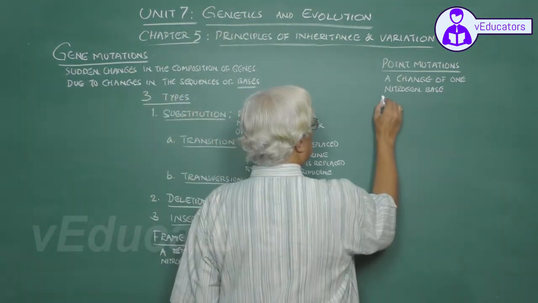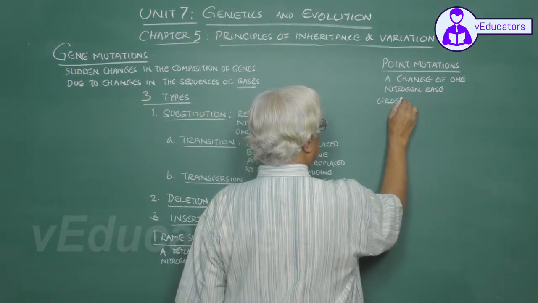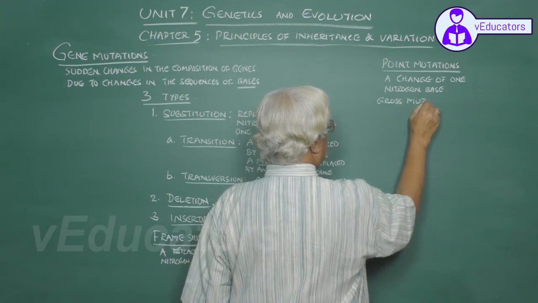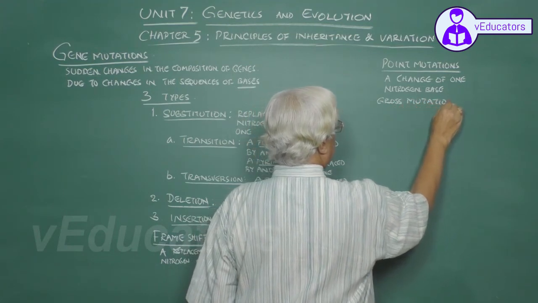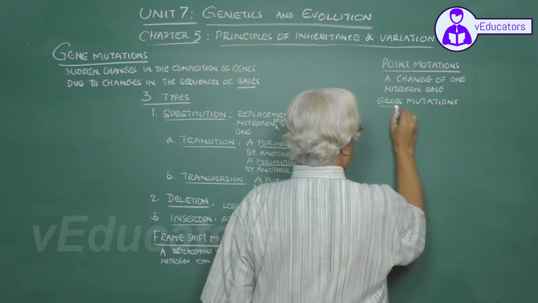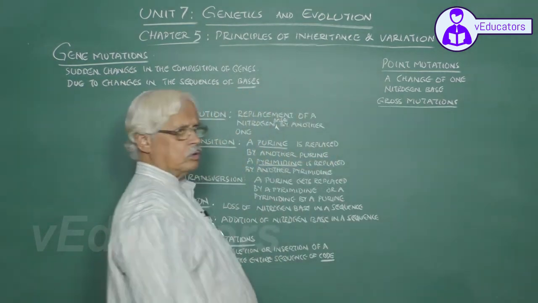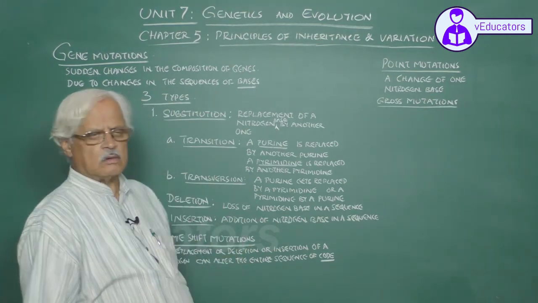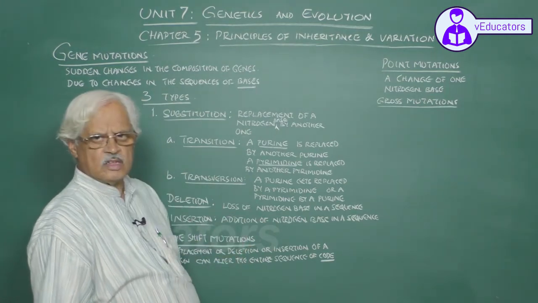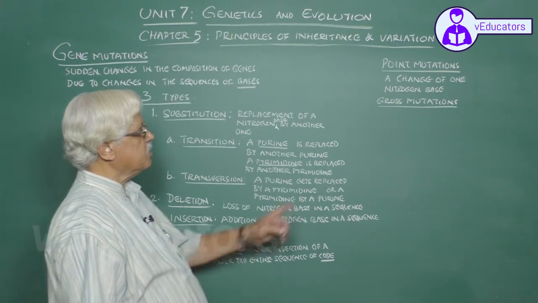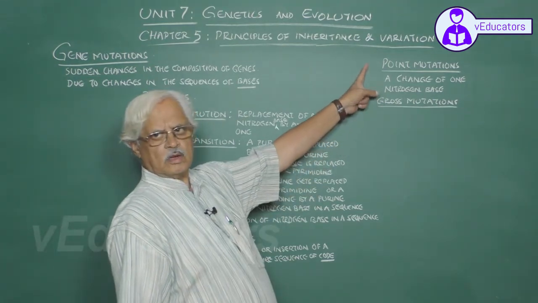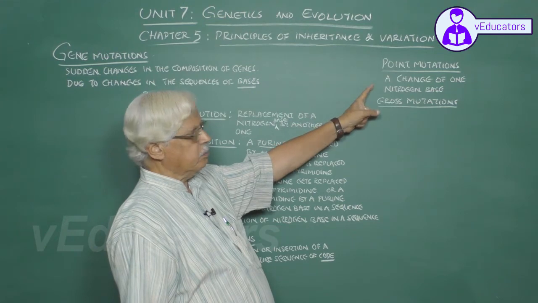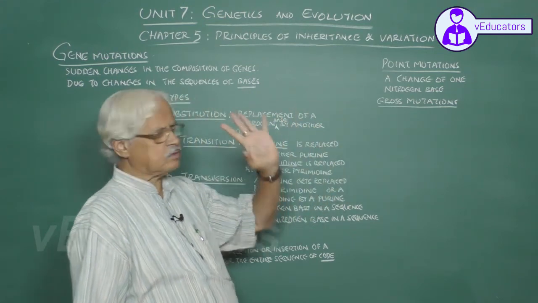And sometimes, very rarely, there may be cross mutations, where there is a change of several nitrogen bases in the sequence. But it is the point mutations that significantly bring about variations.